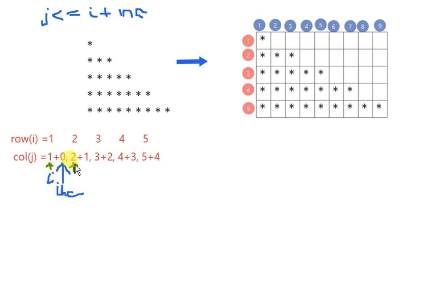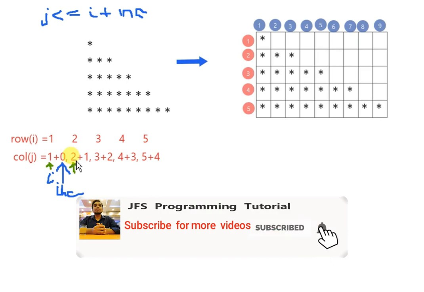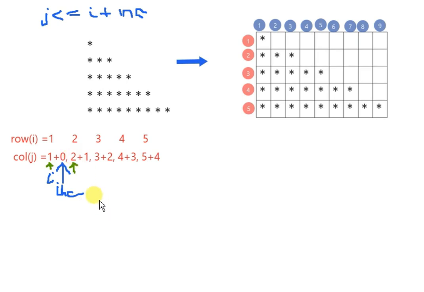Likewise, we can see that if we have I value as 2, then the increment variable is just 1 less than that of I. So we can write that inc is nothing but I minus 1.